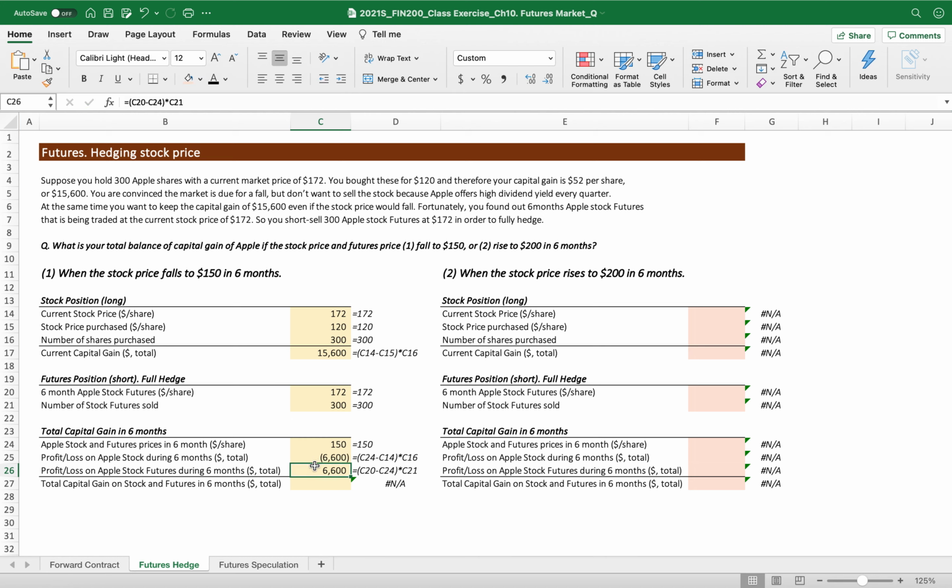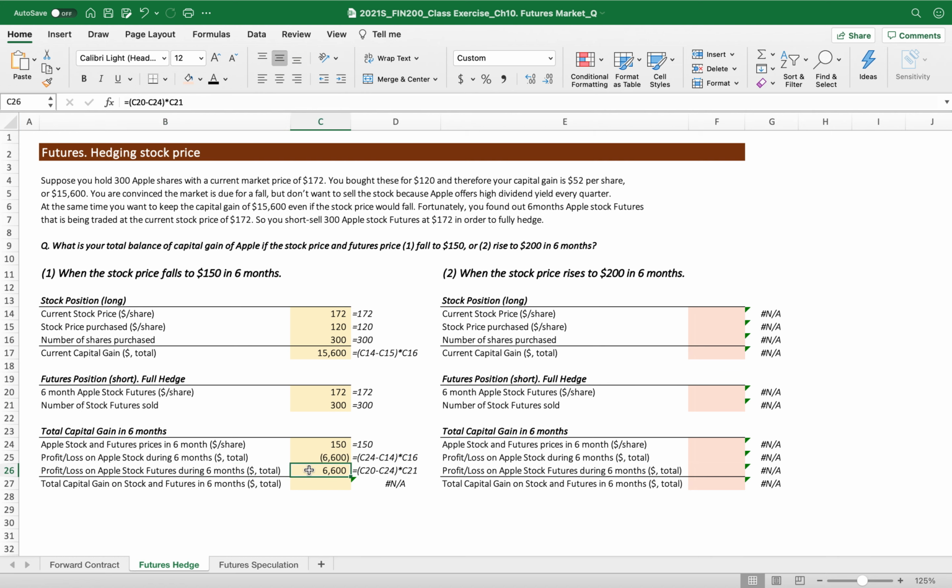The short position means even though the market price falls to 150, you can still exercise the futures short position, selling at 172. So the difference is 22. The value of these futures is $22. The profit times 300 is 6,600.